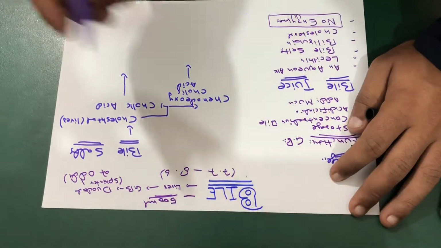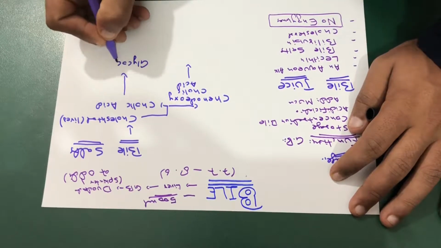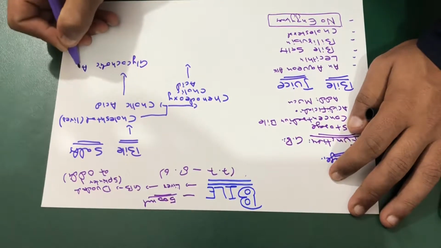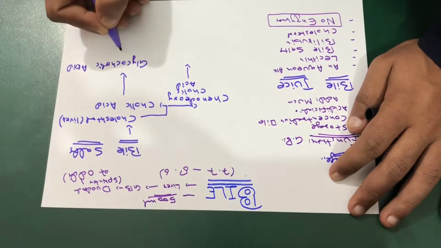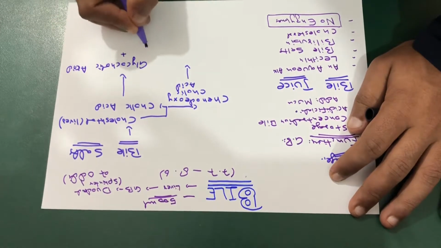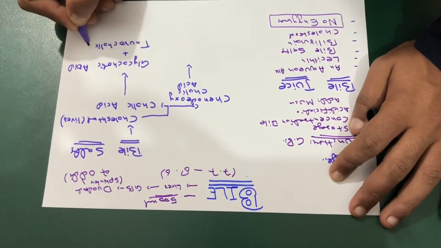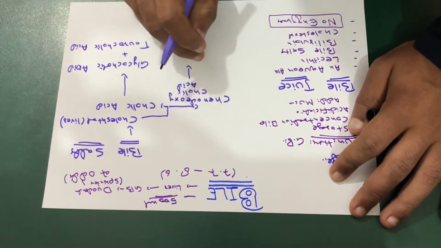This one is converted into the glycocholic acid and the taurocholic acid.